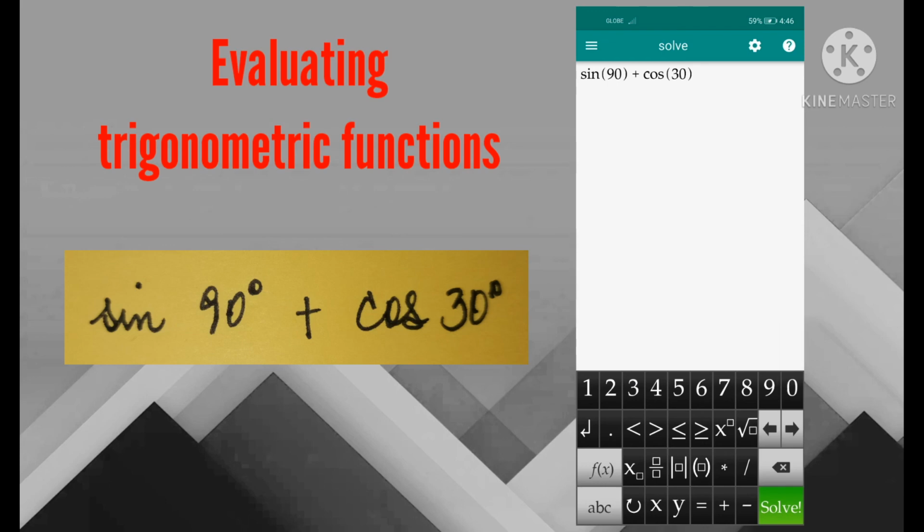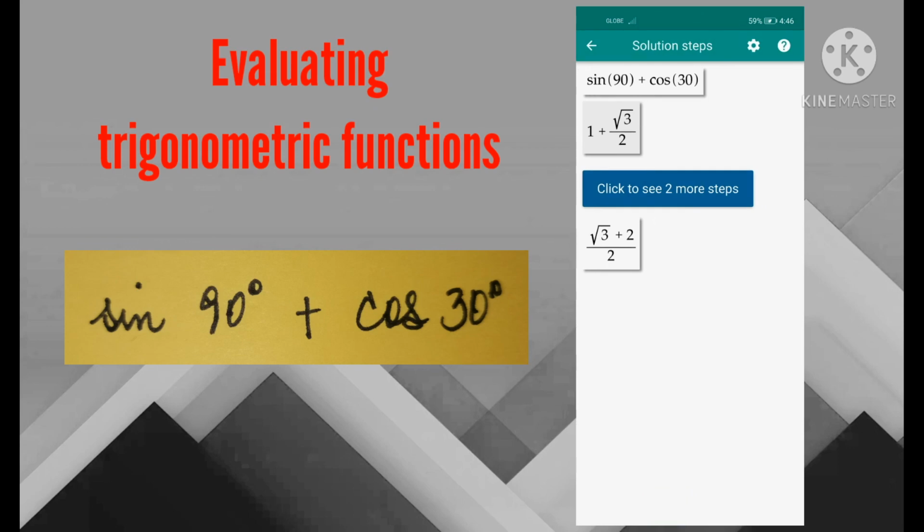Ayan. Sine 90 degrees plus cosine 30 degrees. Pindutin yung solve. Ayan. Sine 90 is simply 1. Then cosine 30 is square root of 3 over 2. So 1 plus square root of 3 over 2 magiging square root of 3 plus 2 all over 2.